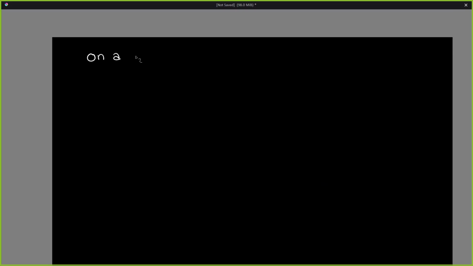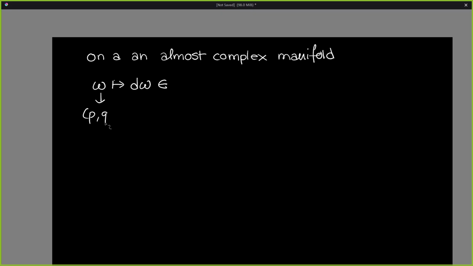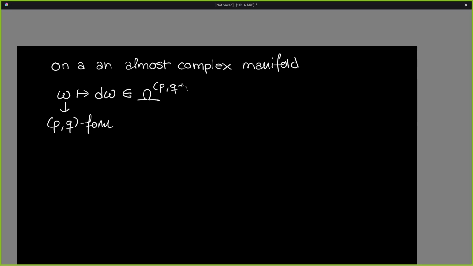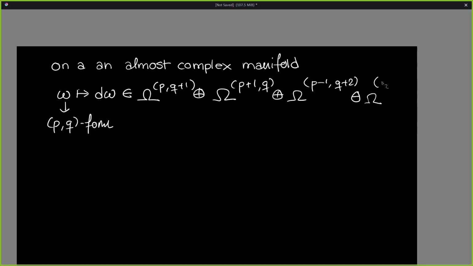So what did we learn? We learned that on an almost complex manifold, d omega is an element of: if this is a pq form, then d omega must be an element of omega p q plus 1, plus omega p plus 1 q, plus omega p minus 1 q plus 2, plus, lastly, omega p plus 2 q minus 1.